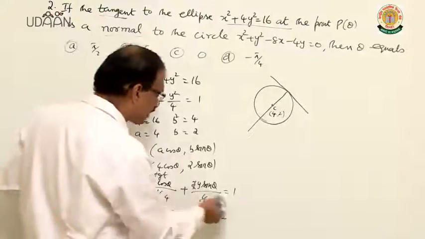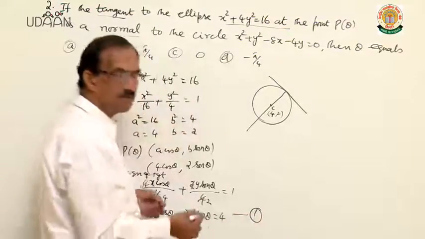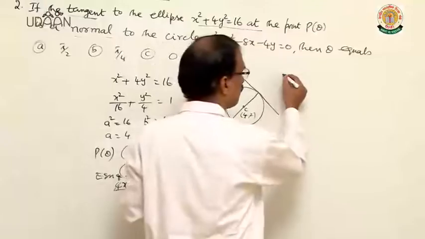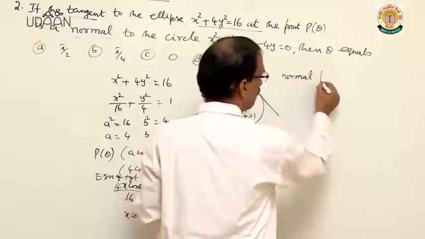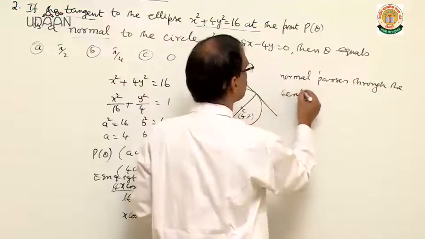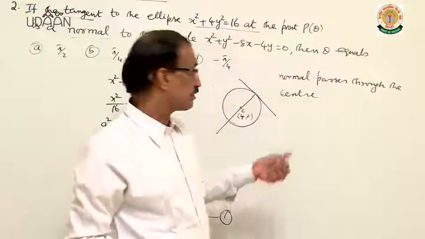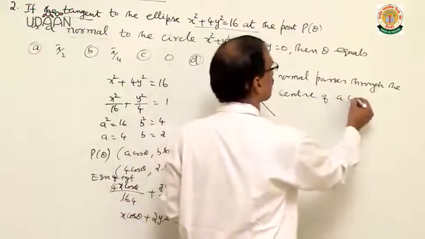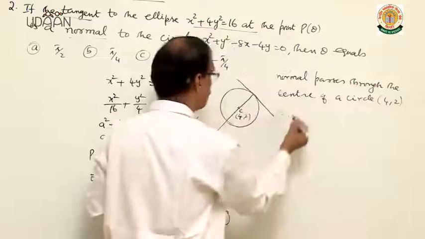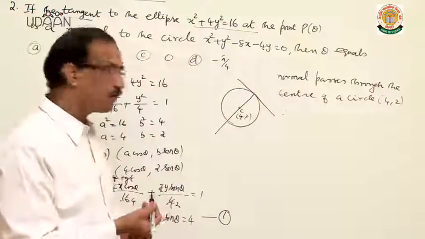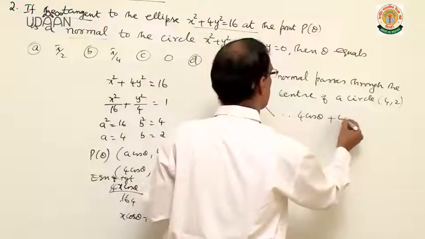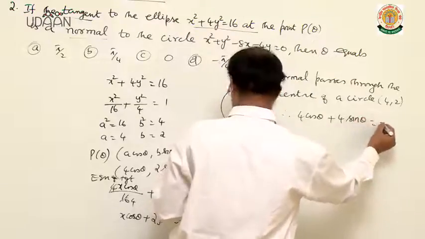Where this line becomes the normal, equation 1 must satisfy, or must pass through, that 4 comma 2, since the normal passes through the center of a circle. Here the center of the circle is 4 comma 2. Therefore, you replace x with 4 and y with 2. So this will give us 4 cos theta plus 4 sin theta equal to 4.